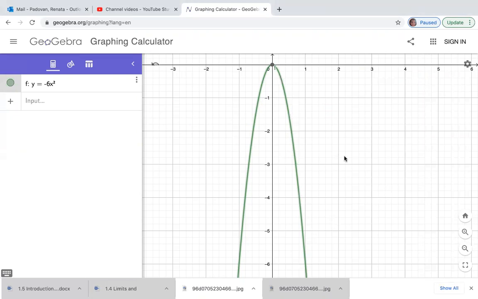Then if I look at the one that I just did, f prime of 1 equals -12. So the x value is 1. At an x value of 1, my y value would be -6, but my answer was -12.